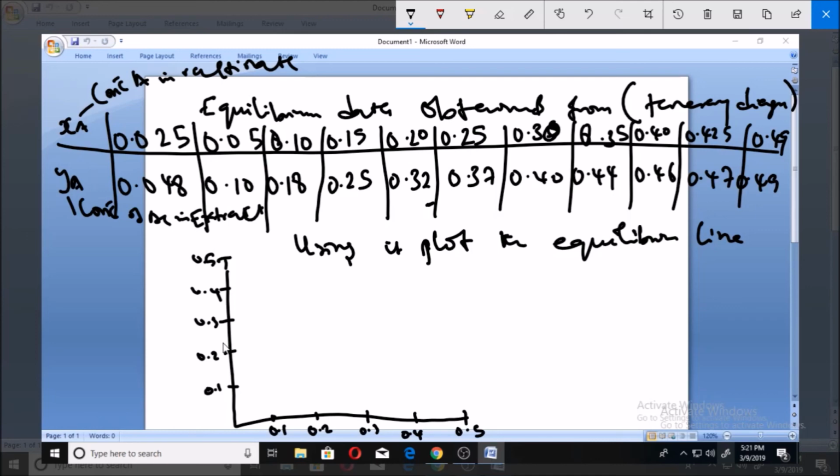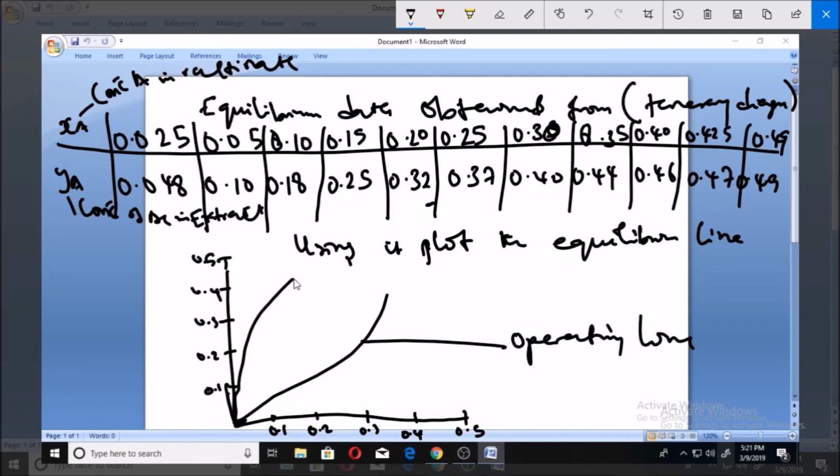So using this, from the calculation we had before, we can easily plot the operating line as this. So here this is the operating line. Then we can now plot the equilibrium line like this.